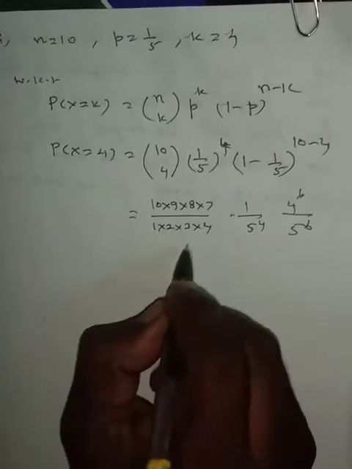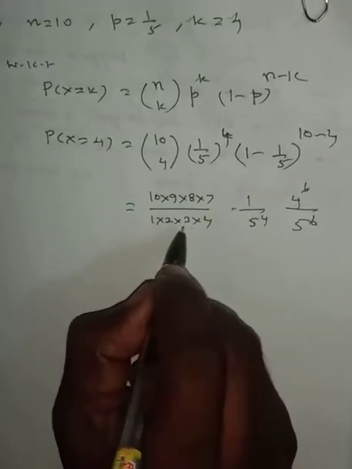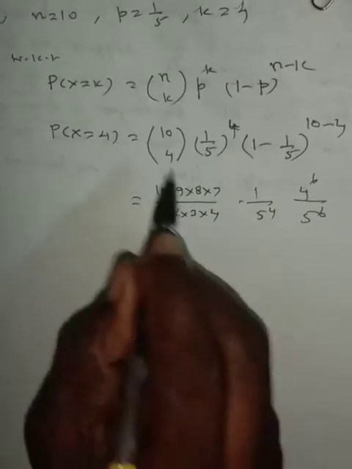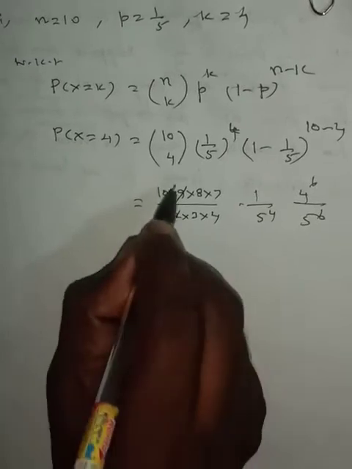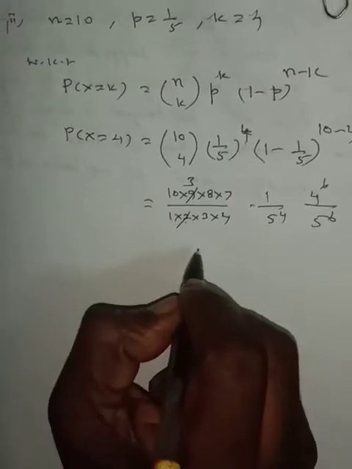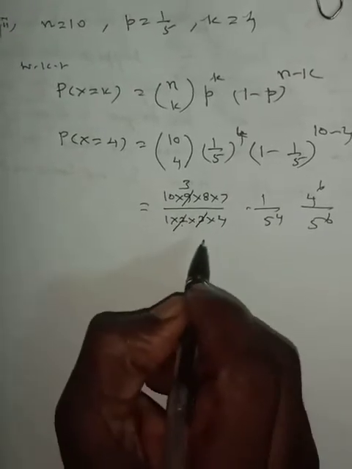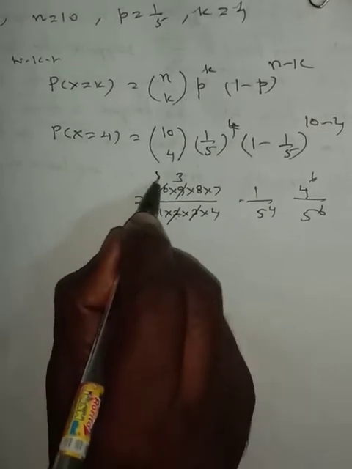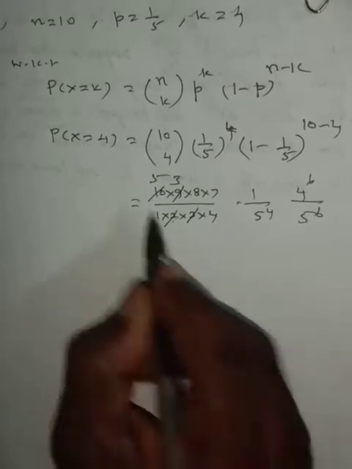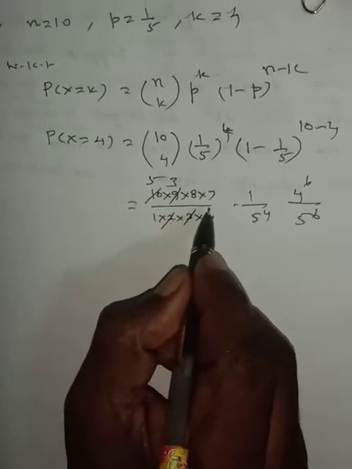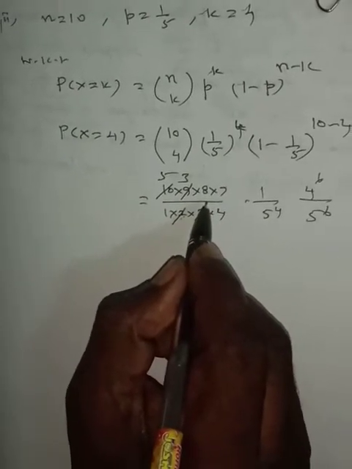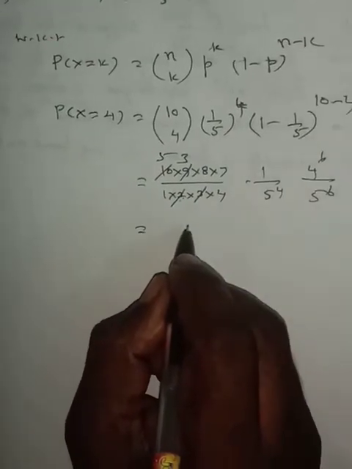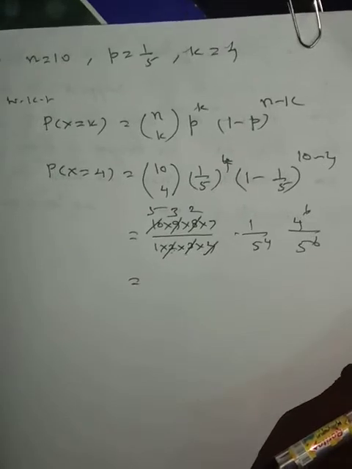It's equal to, now 3 3s are 9, next 2 5s are 10, so 15, 2 4s are 8.